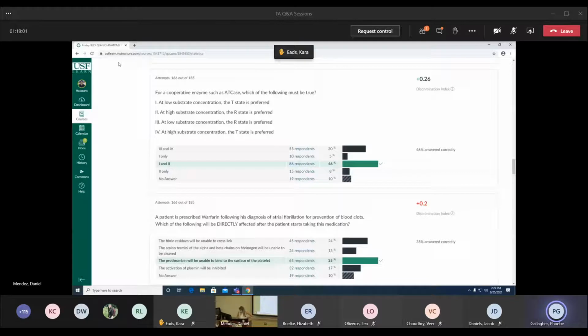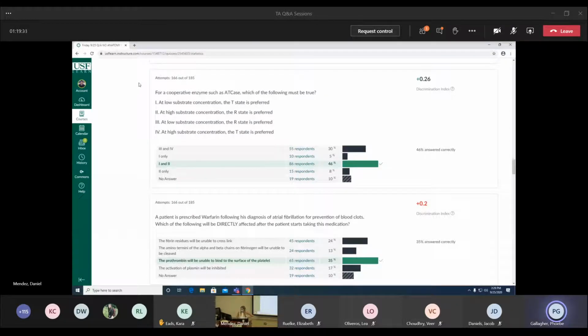So at a high substrate concentration, most of the active sites are going to be filled with the substrate because of the high concentration. And like we talked about with hemoglobin, when you have more substrate bound to the enzyme, you're going to be more receptive for accepting the substrate. So you're going to have more of the relaxed state conformation for the enzyme.